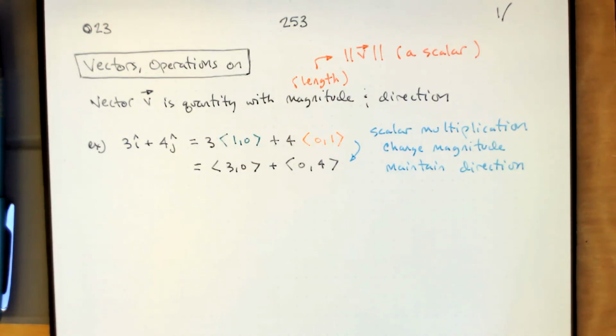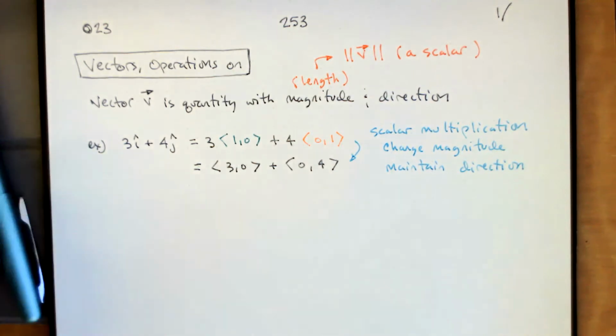Now I'm looking at the vector 3, 0 and trying to add it to the vector 0, 4. You may have seen vector addition before, so you know how this works. But if you've never seen vectors being added before, it works exactly like you think it should work. We're going to add the corresponding components.